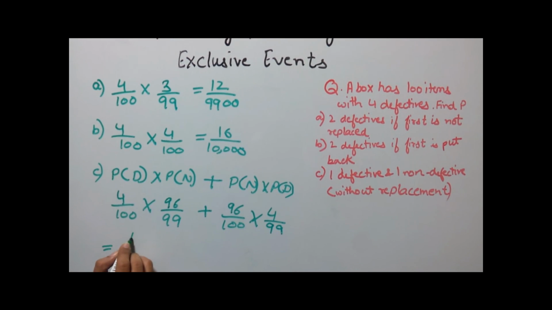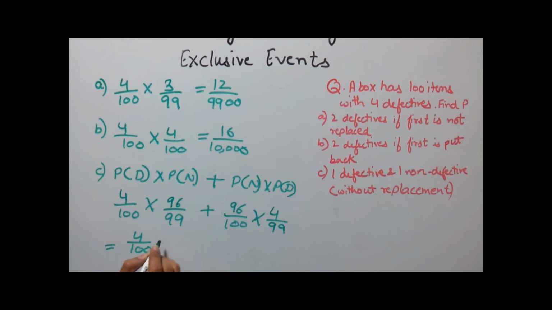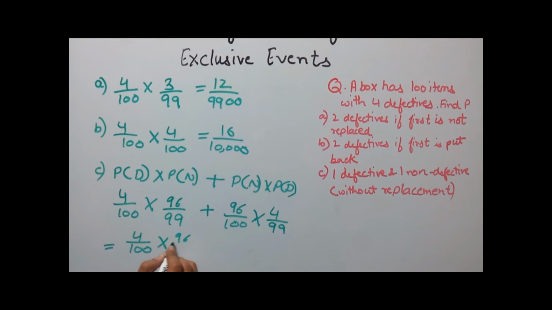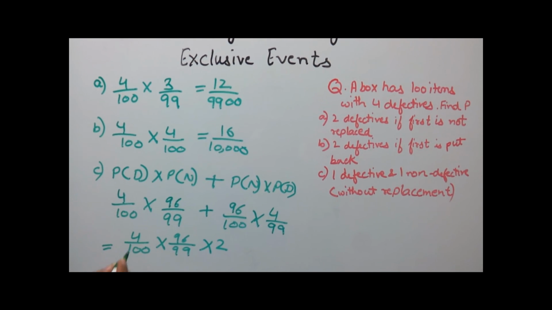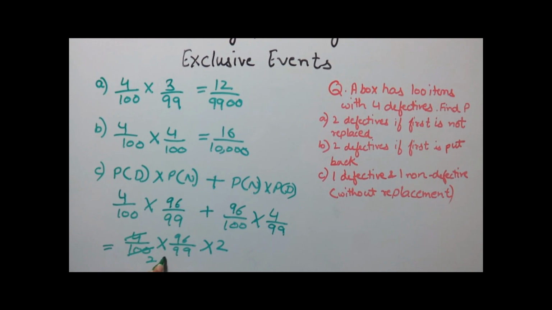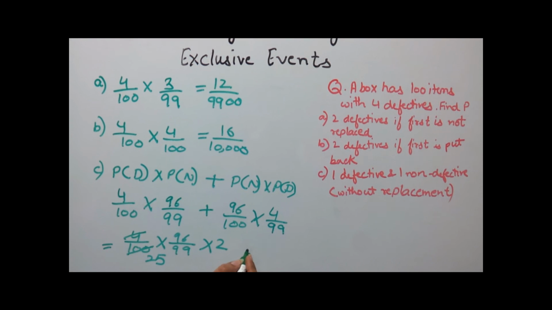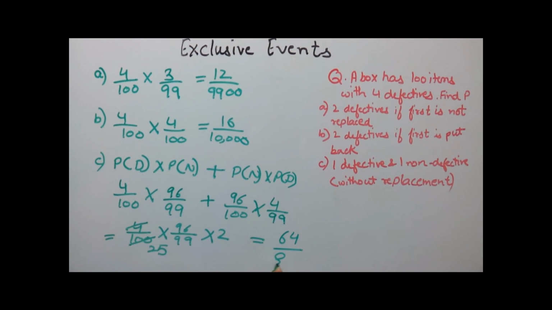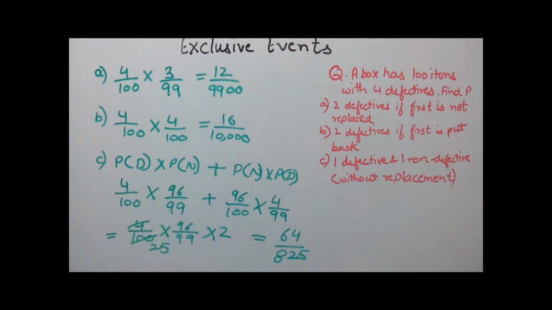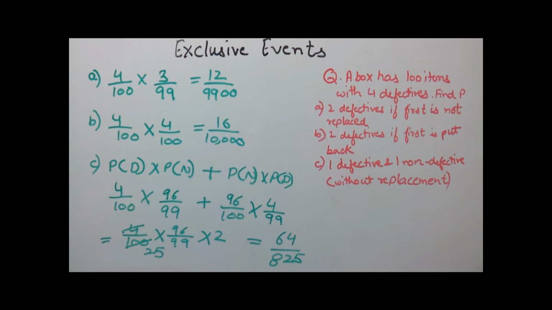We can also write this as 4 divided by 100 times 96 divided by 99 times 2. We get 64 by 825 as the answer.